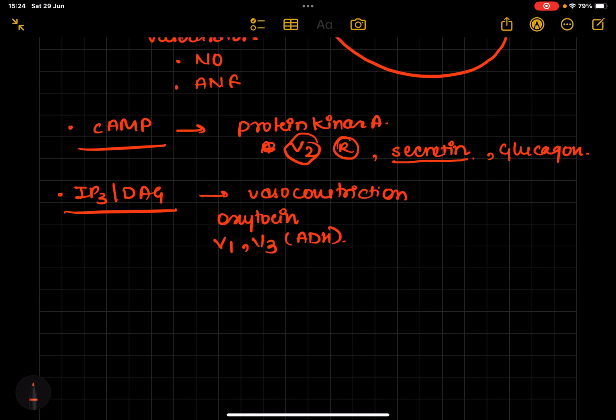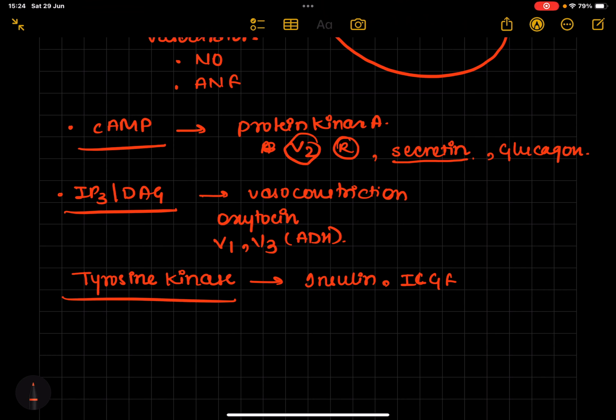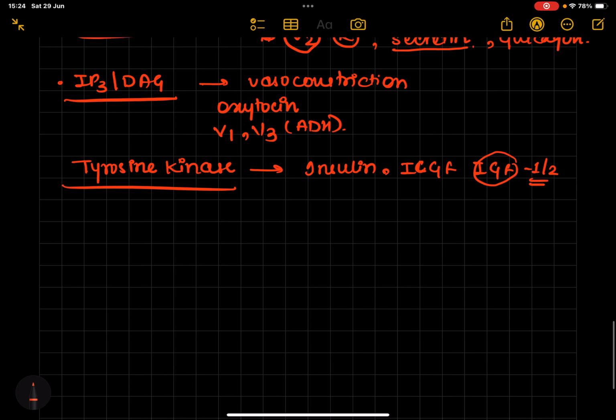Next is tyrosine kinase. In tyrosine kinase, the hormones we have to remember are insulin and insulin like growth factors, IGF-1 and 2. That means all growth factors, whether epidermal growth factor, fibroblast growth factor, or nerve growth factor, and insulin act through tyrosine kinase. Next is the JAK pathway.